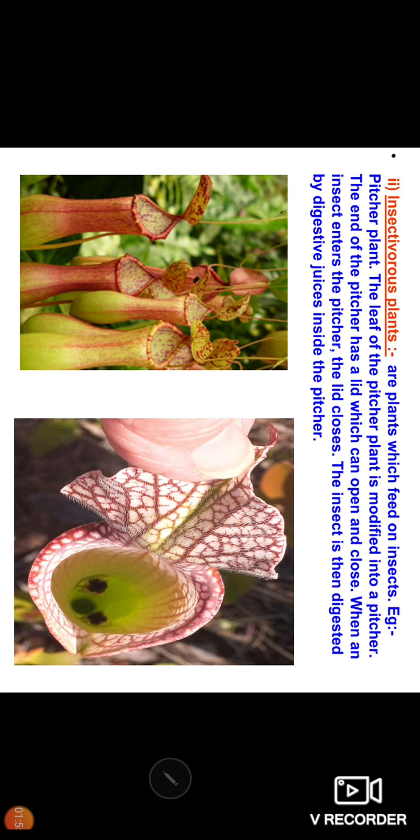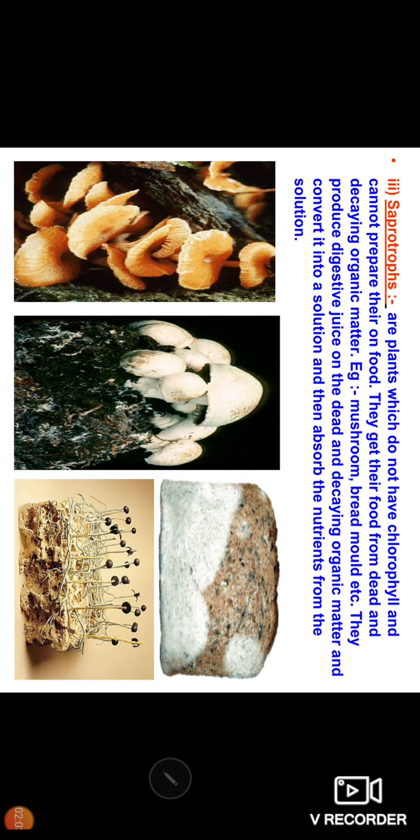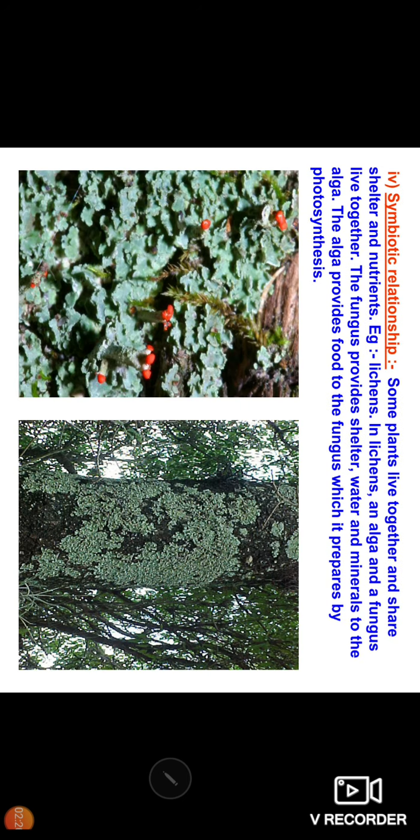We even discussed how nitrogen is obtained by this plant by trapping insects. And saprotrophs are also plants which do not have chlorophyll, and they also cannot prepare their own food. They get their food from dead and decaying organic matter, for example mushroom, bread mold, and so on.